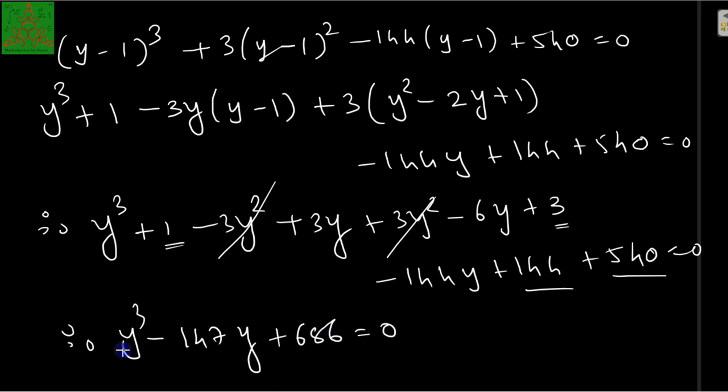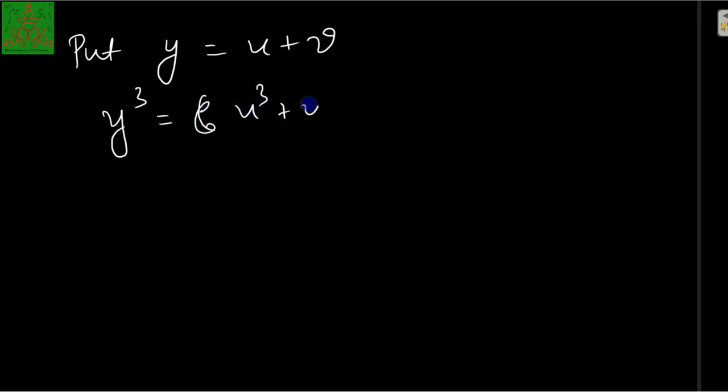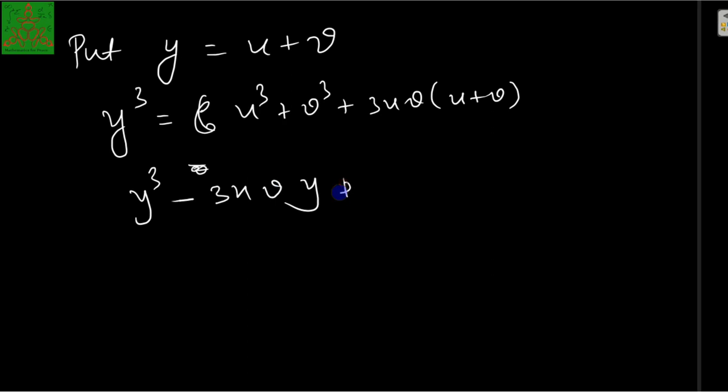So this is equation 2, and to solve it, which does not have the x square term, we put y equal to u plus v. Cubing both sides, we get y cube minus 3uv y minus u cube plus v cube equal to 0, which is equation 3.